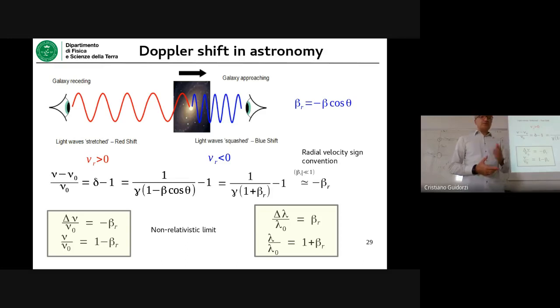And in that case, indeed, it's because the source is receding from us. So you measure on a practical basis either delta lambda or delta nu, and from that you can infer beta r.